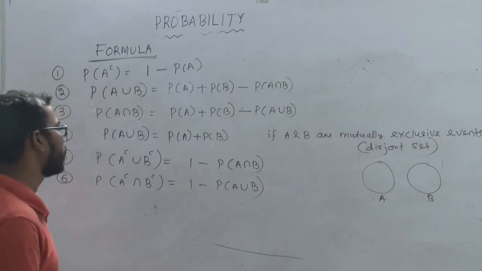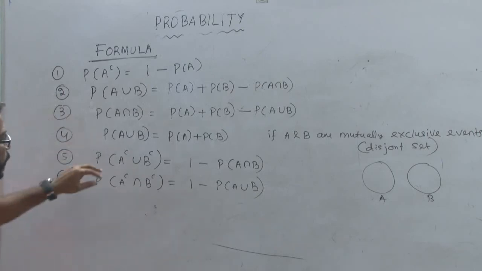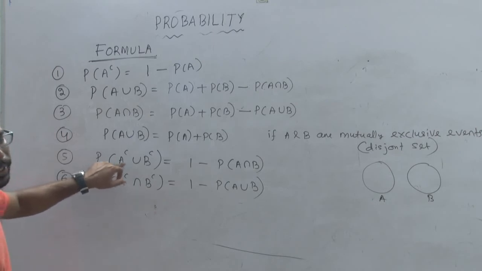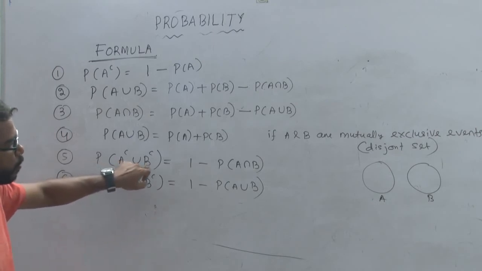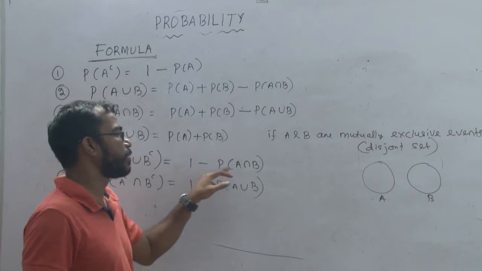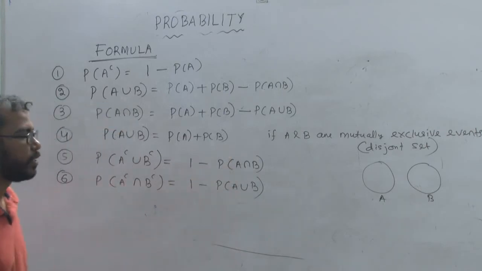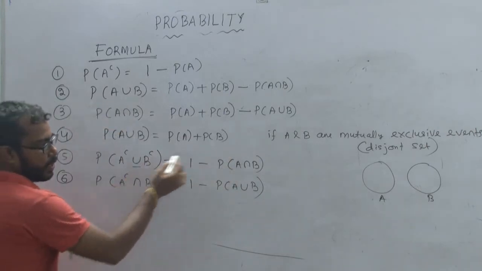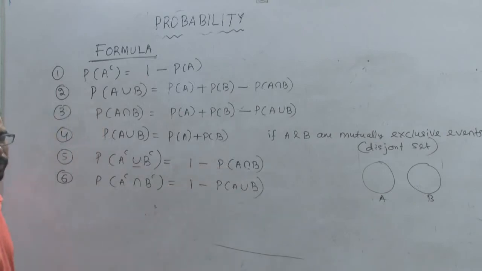According to De Morgan's law, the complement of A union the complement of B is equal to 1 minus the probability of A intersection B, because if you take intersection, then you can write here intersection.